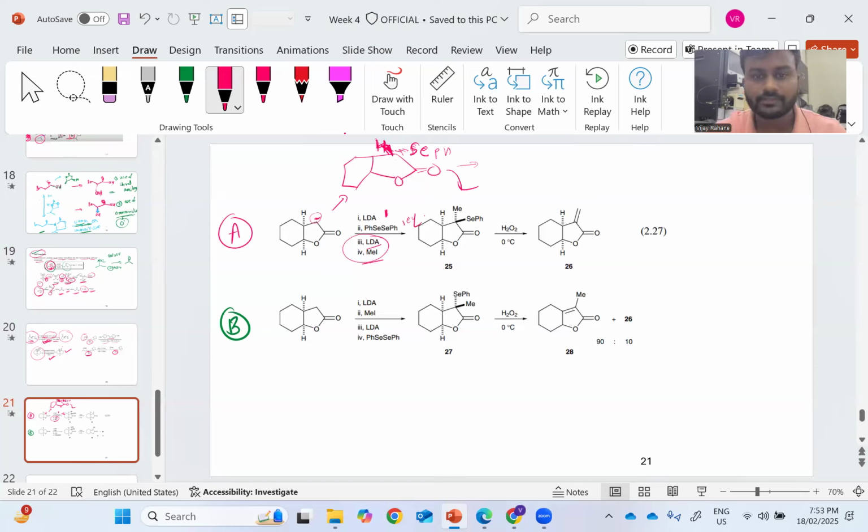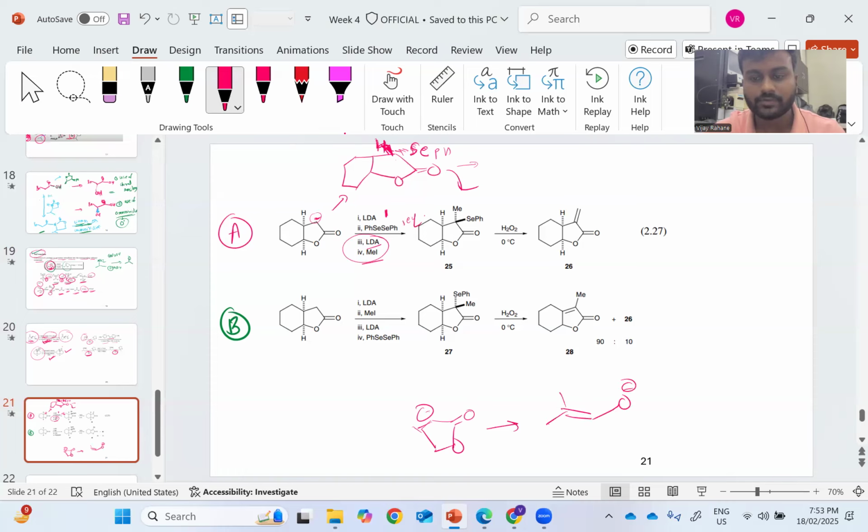Because of the double bond, the enolate chemistry that we already have seen, the enolate, when we abstract the proton from this one, the next step is it forms the enolate which has the O negative.